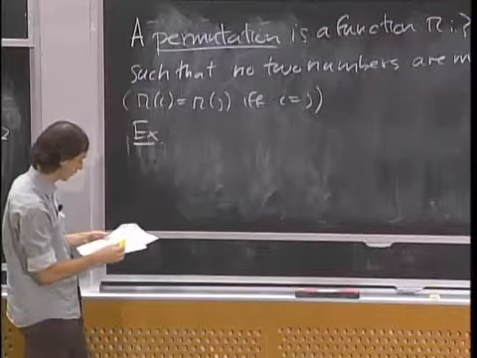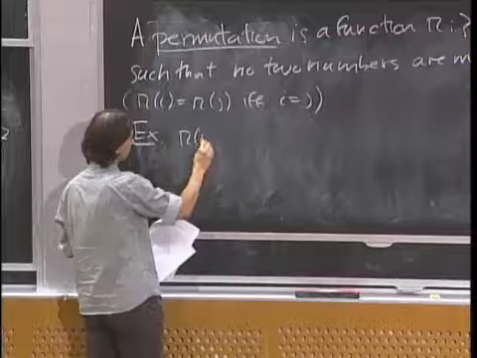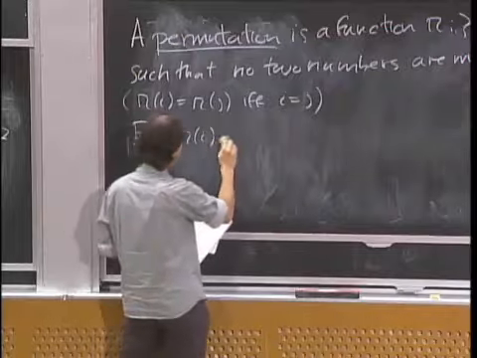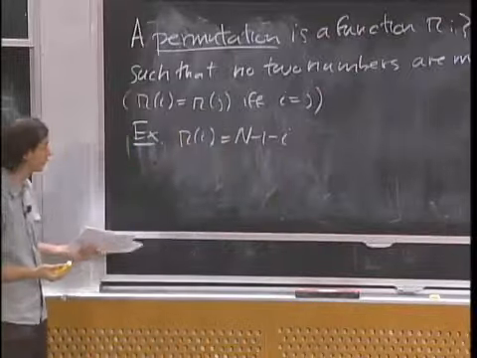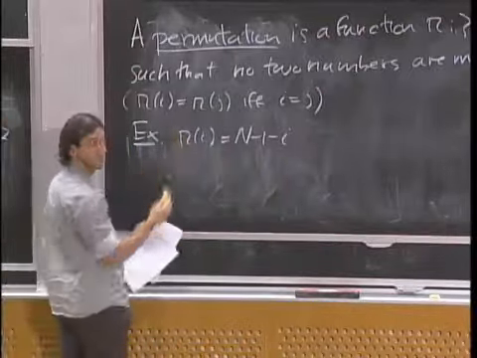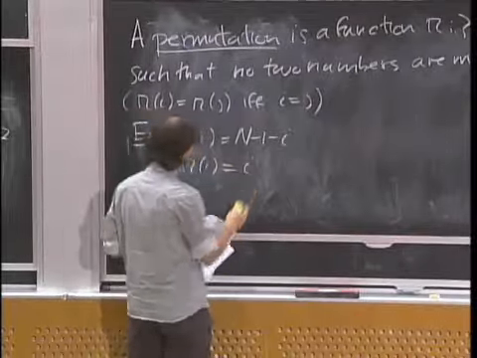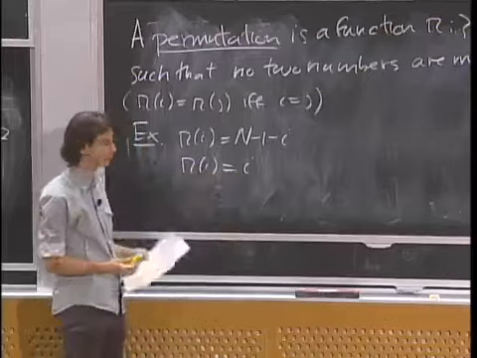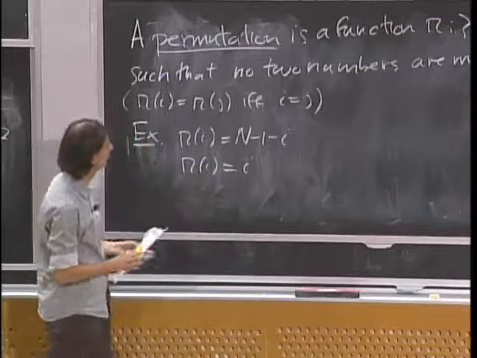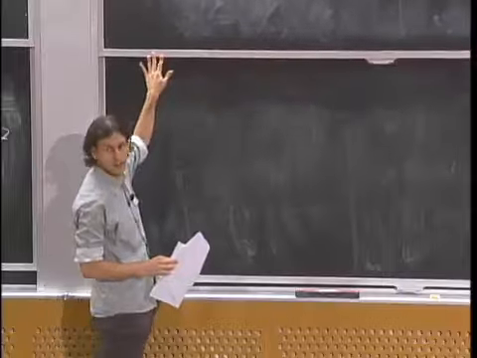A first example could be pi of i equals n minus 1 minus i. This is a proper permutation. No two numbers map to the same value. Another one could be the identity permutation, where you map i to the same i. So that's another example. Now, how do we use permutations to go towards the idea of congestion?